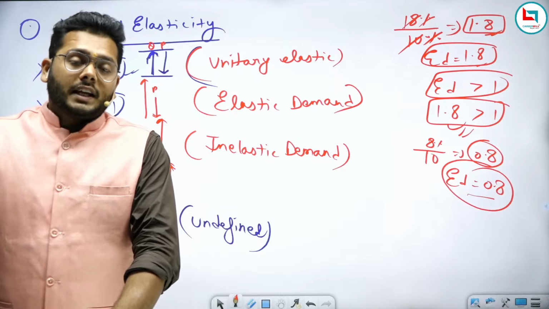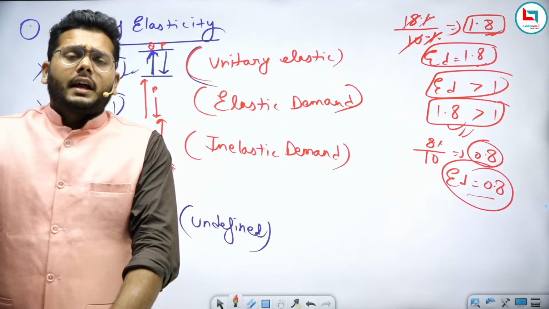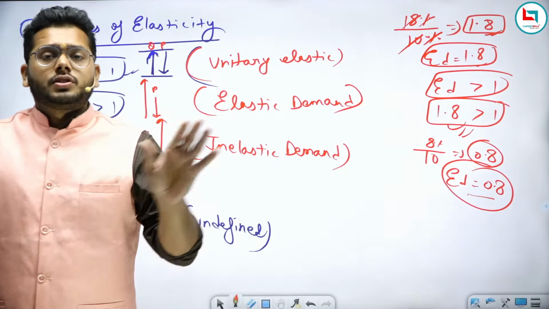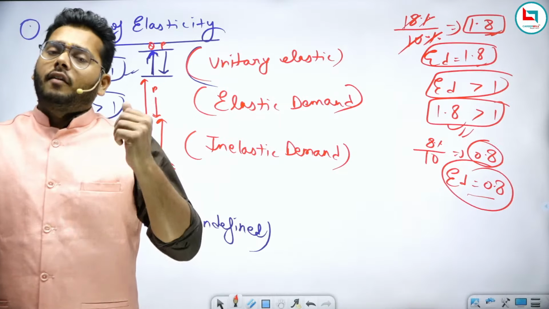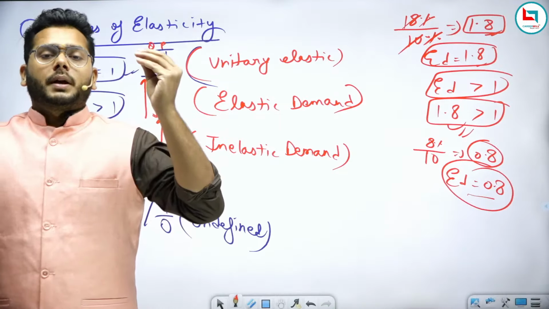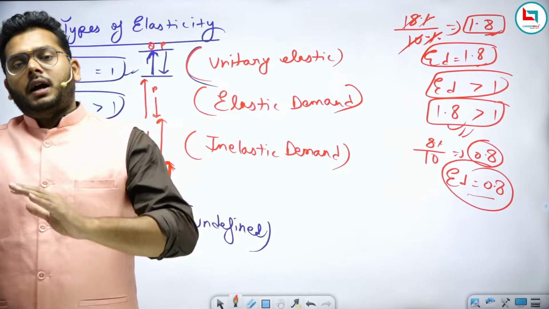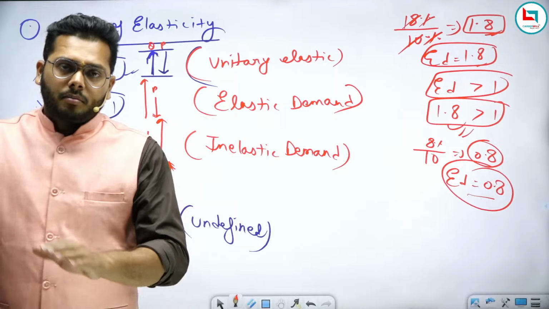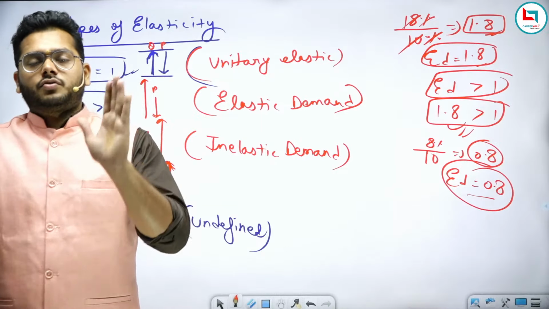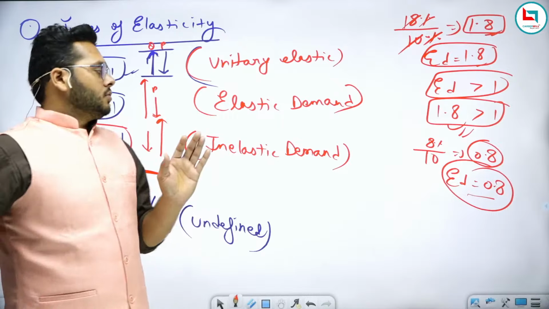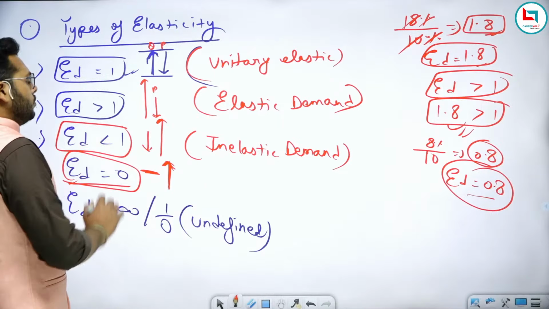So we can say, for necessity goods and habitual goods, there is no change in the quantity demanded after the change in price. Either it is increased or decreased, the demand will be the same in every situation, whatever the price. So this is what ed equals 0.